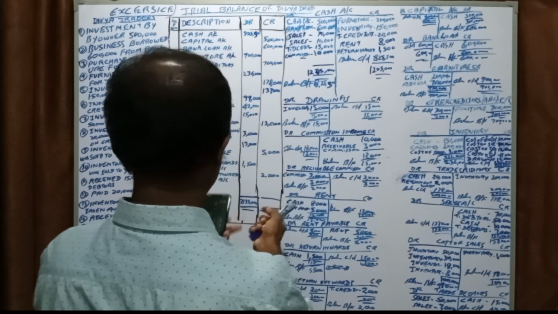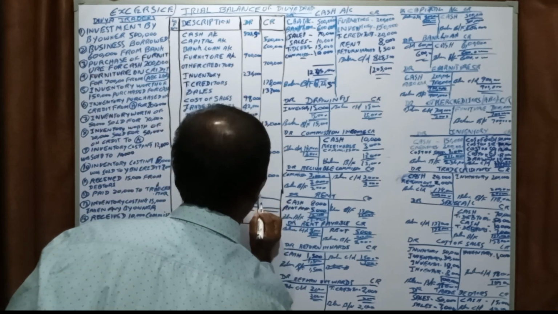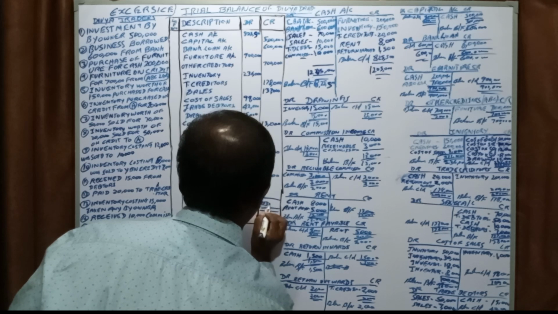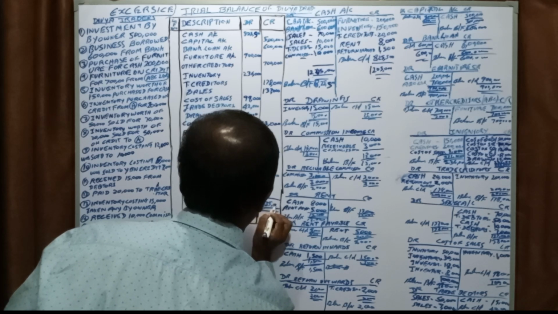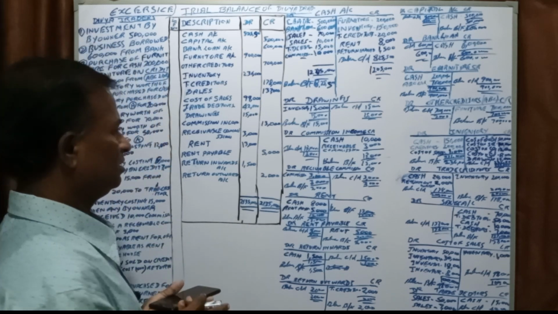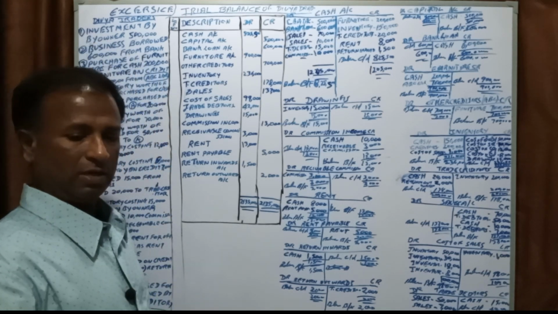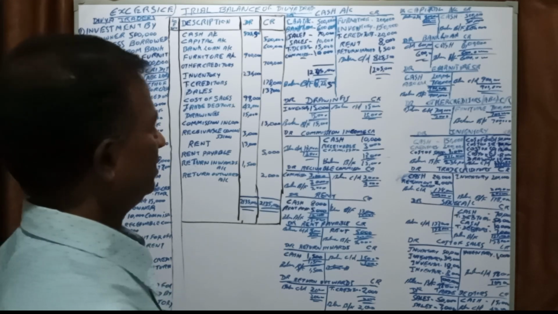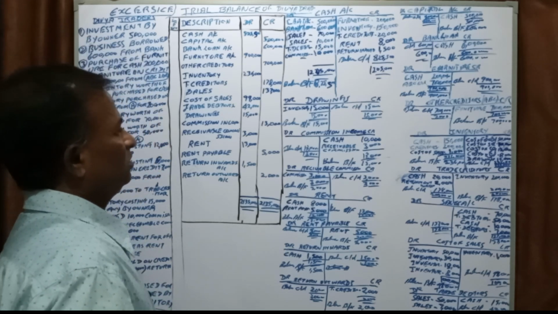That is 2,135,000. So it is balancing, in the sense that we have done the double entries correctly.